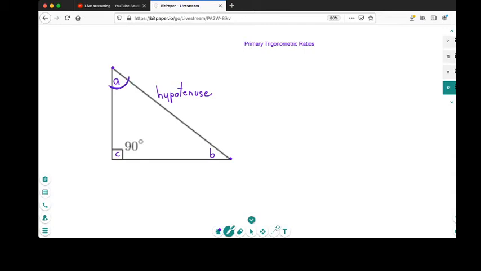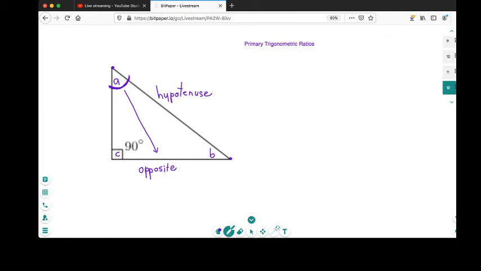Now, what's really important is that we understand which side length is right next to angle A and which side length is opposite of angle A. So naturally, we know that this is its opposite, and that this is right next to it.